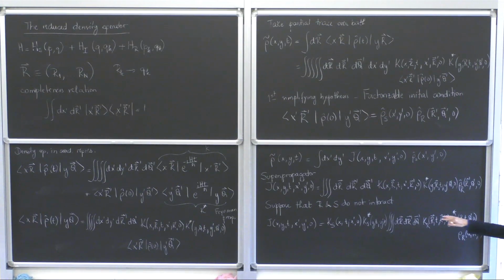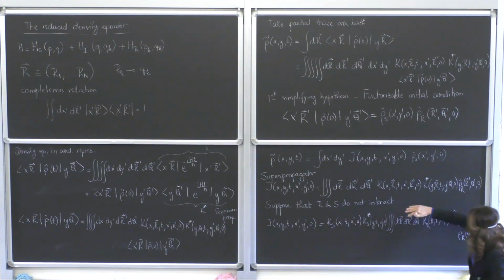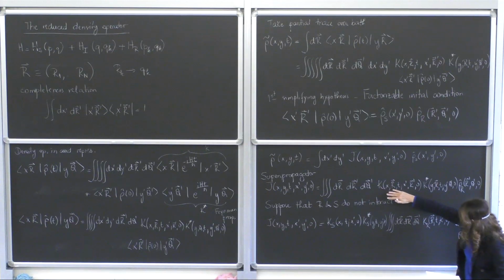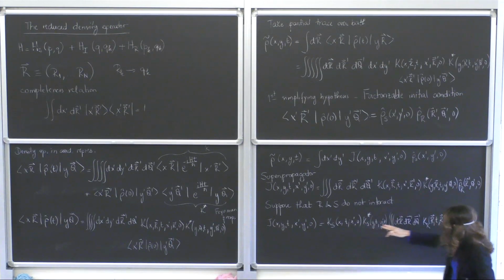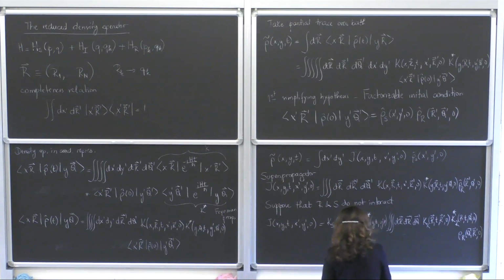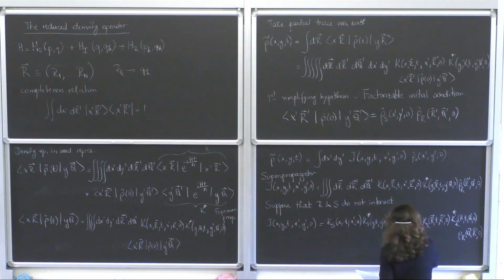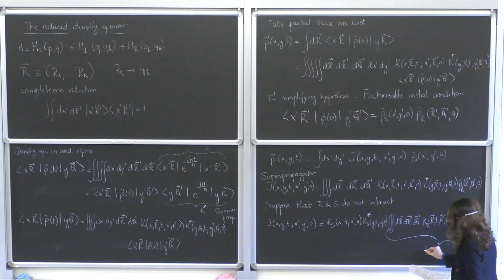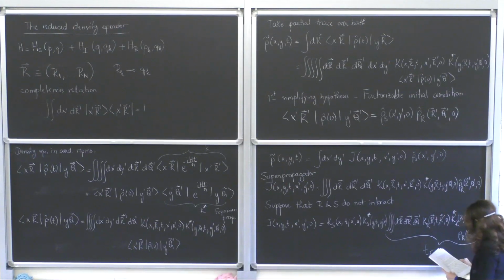Right? So if the system and the reservoir were not interacting, this K could be written as a K of x prime times a K of R prime. This would be a K of y prime times a K of R Q prime. And the initial density operator for the reservoir. But if this were the case, I could immediately recognize this as being the trace over the reservoir of rho_R of t. And this is simply 1.